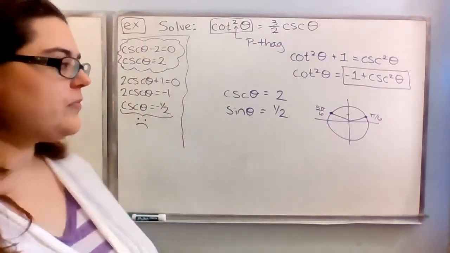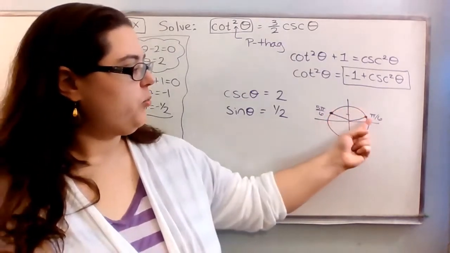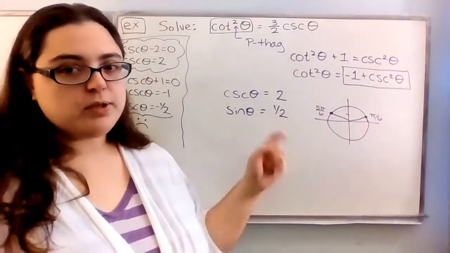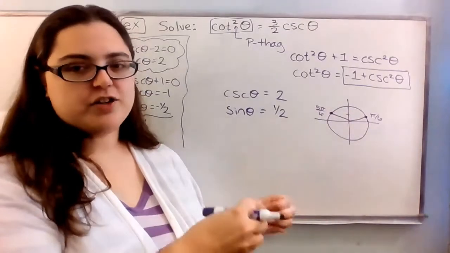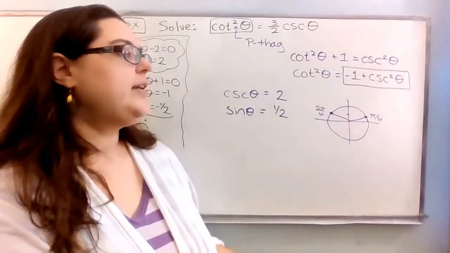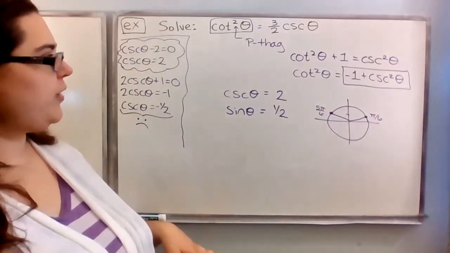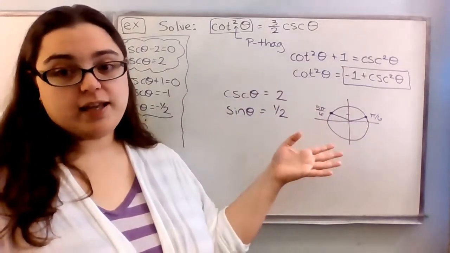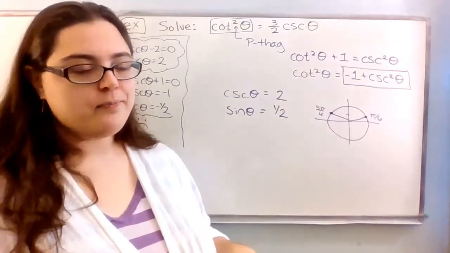So because we have 2 possible situations where we can equal 1/2, that means when we go to write our general solution, we have to use both of those as kind of our starting points. Now, when we are solving this, we were looking at an equation that I've since erased, but our equation was written in terms of cosecant. So the period of cosecant is going to be 2 pi.